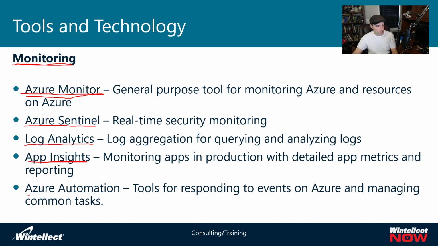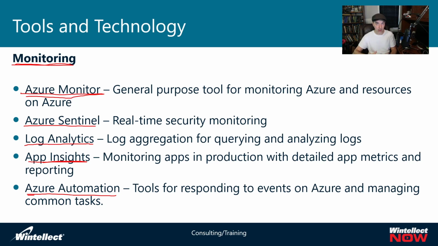Now, Azure Automation is another tool that works with Azure Monitor and Azure Sentinel. And it gives you the ability to respond to things using playbooks, essentially scripts for running things on Azure so that you can do things in a proactive manner when an event occurs. So maybe that's scaling up VMs or scaling down VMs.